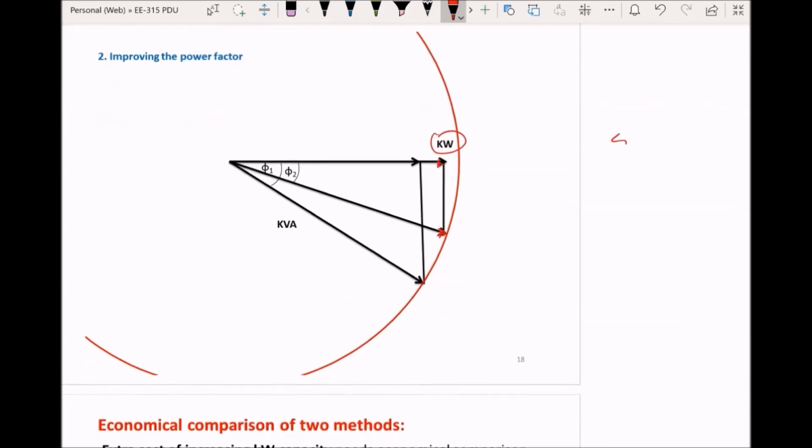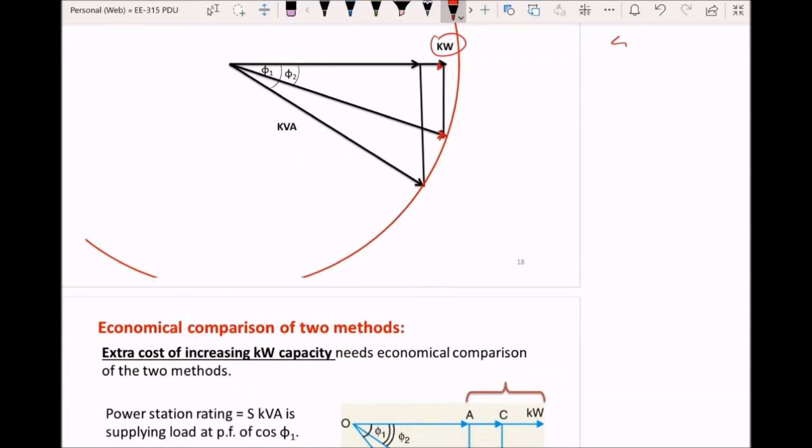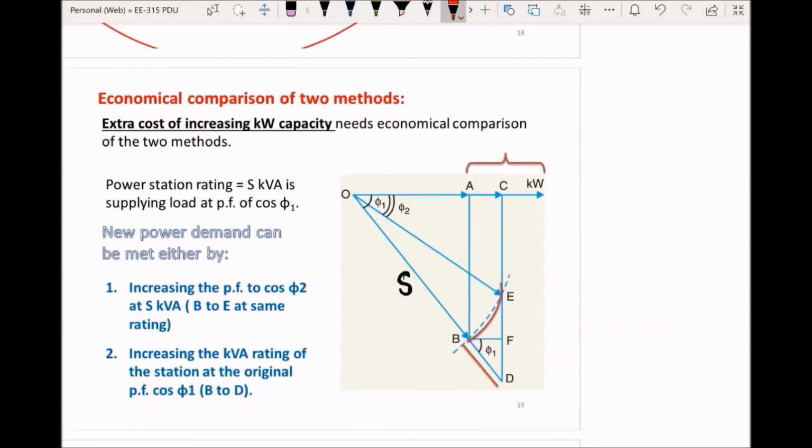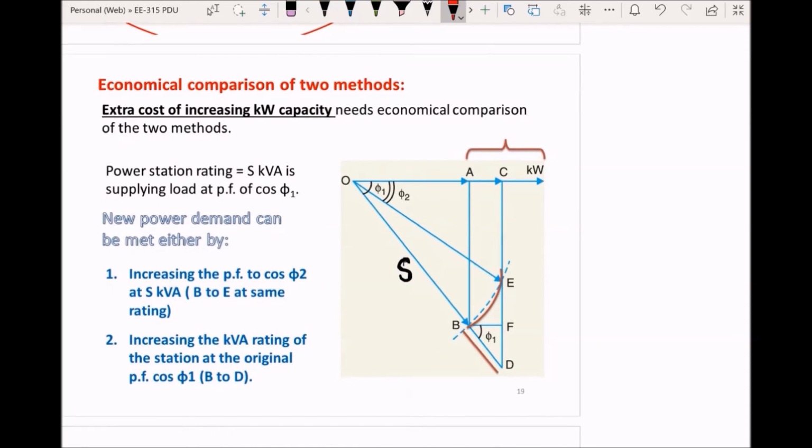Keeping this in mind, in both of the methods described above, extra capital investment will be required. To perform a detailed analysis, let us compare the cost involved in both methods. Now let us consider the initial load on the station is P1.